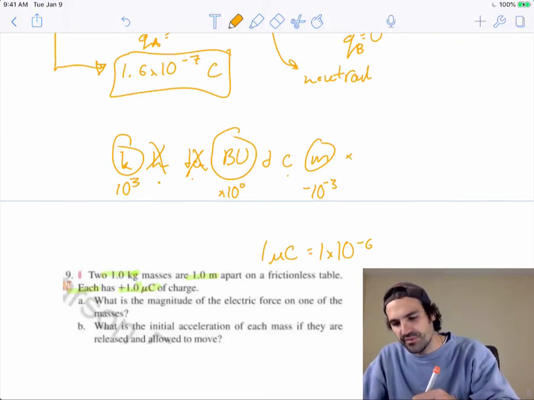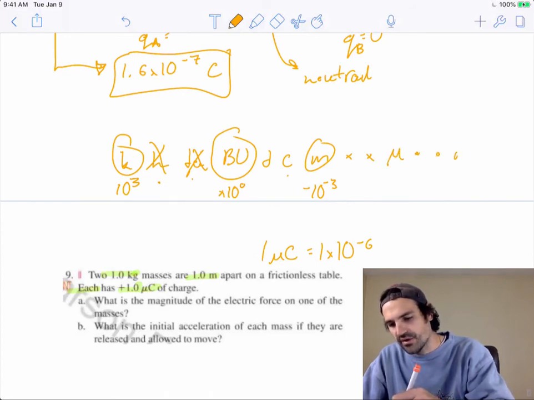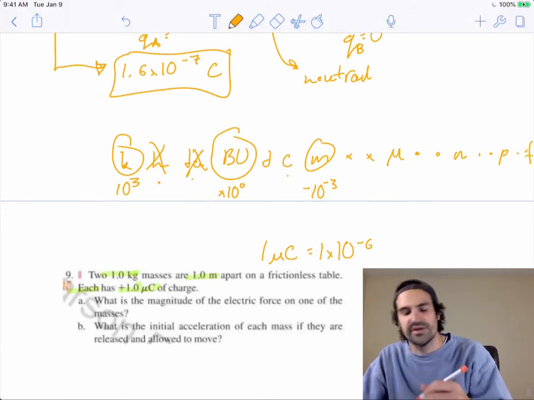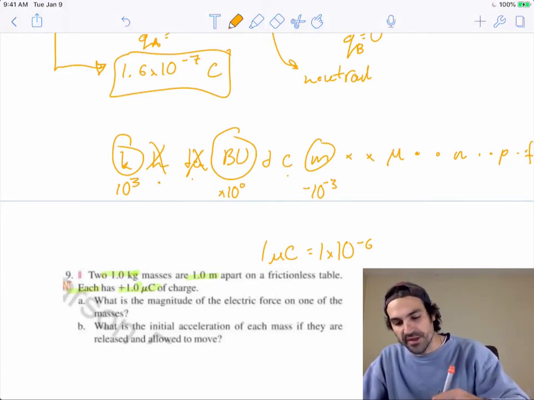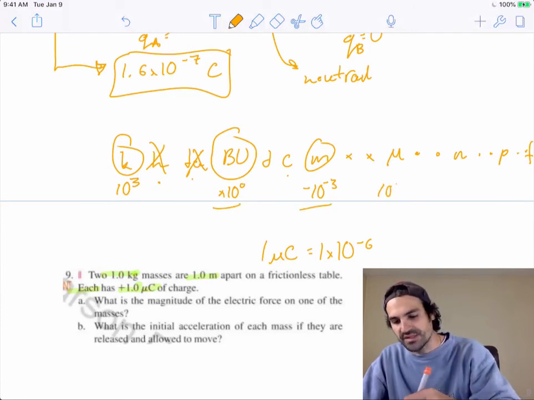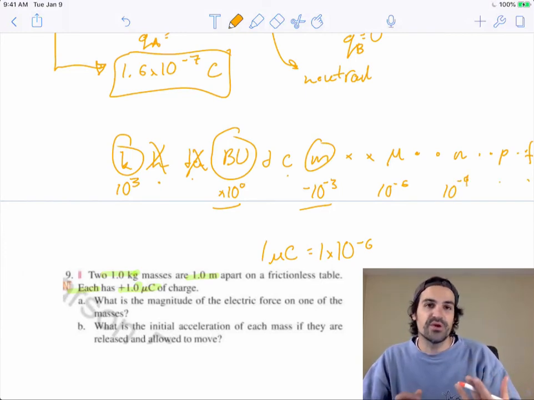So if you can remember milli, micro, nano, and then if you wanted to go further, pico and femto, and then I think atto is after that, but I've never once seen it used. I don't even know if anybody really does use it. But you're still going to follow the same trend: 10 to the 0, 10 to the negative 3, 10 to the negative 6, 10 to the negative 9, 12, 15. And we could go the other way.